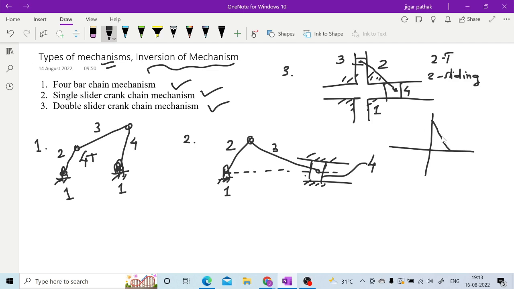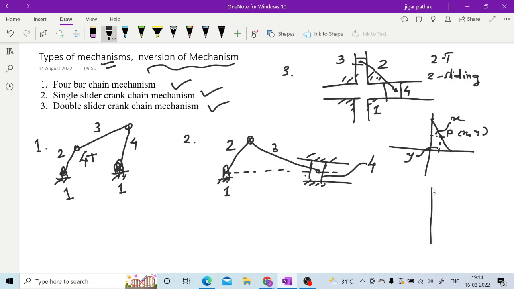So in that, your particular point is going to travel an ellipse. If you take this point as x and y, and here you will have both the sliders. So what is going to happen is, you can consider this distance as x, and this distance as y, and the angle made by this particular line is theta at both the places.